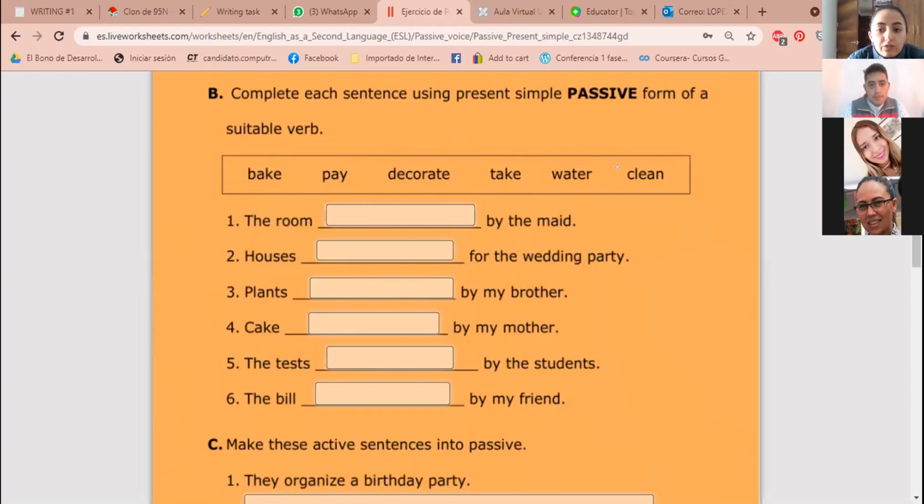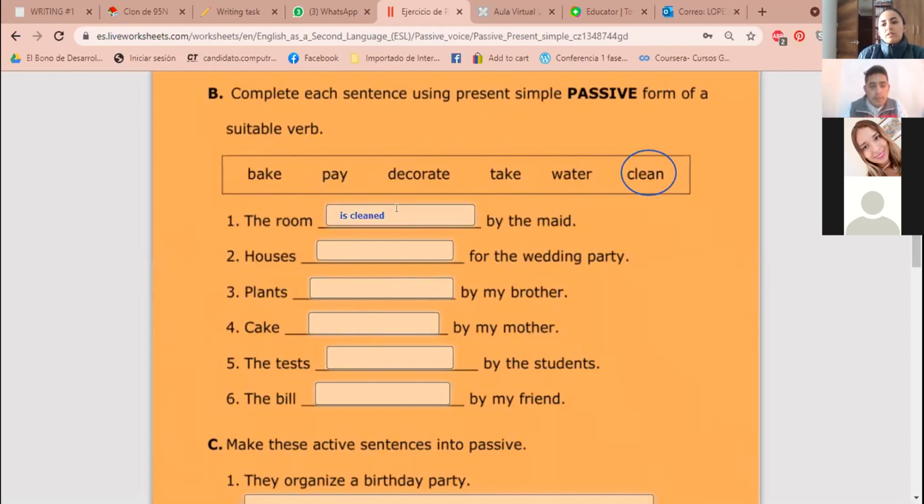Clean, ¿no es cierto? Ahora, primerito, ¿qué vamos a ocupar para completar esto? El verbo to be. ¿Cuál sería? Is, are o am. Is. Is, ¿no es cierto? Pasado participio del verbo clean. Cleaned. Perfect, guys. Muy bien.